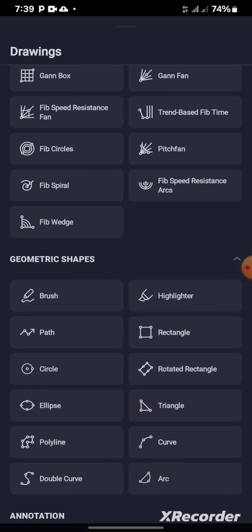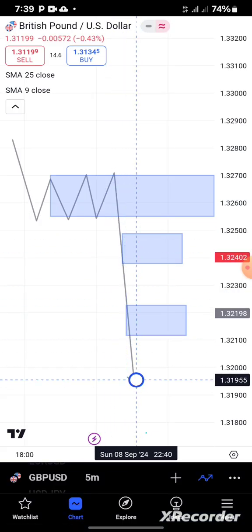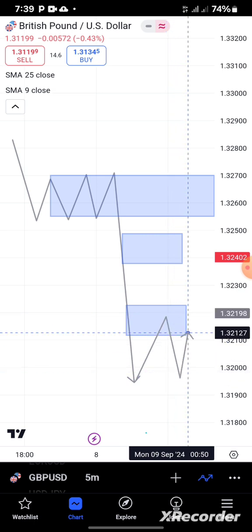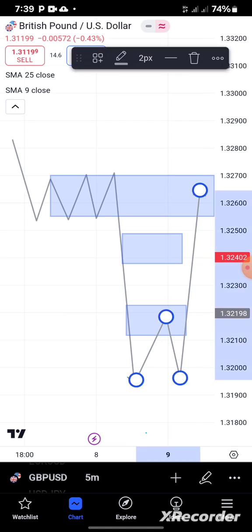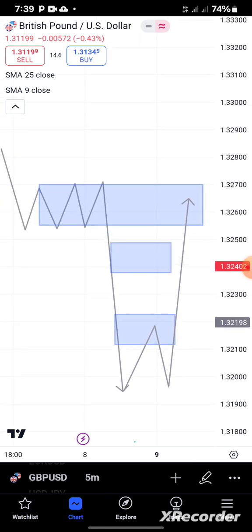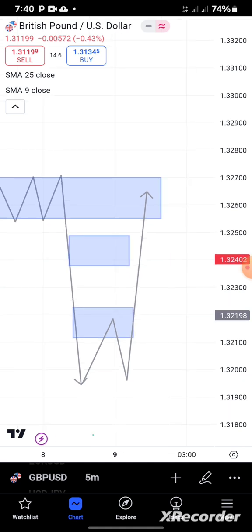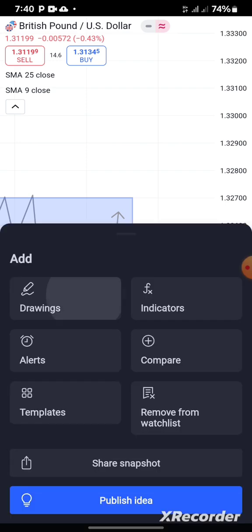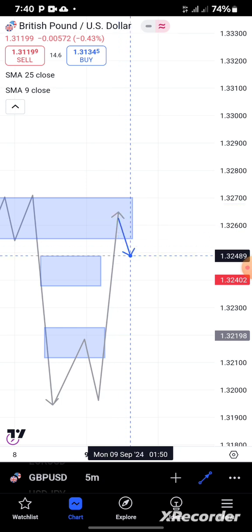It is more likely to move from here, coming back to fill these value gaps, then going up, then may come to retest this point here. I think, guys, retesting that consolidation where the market was accumulating a lot, the market is likely to retest that point and then continue the trend and move downwards like this.